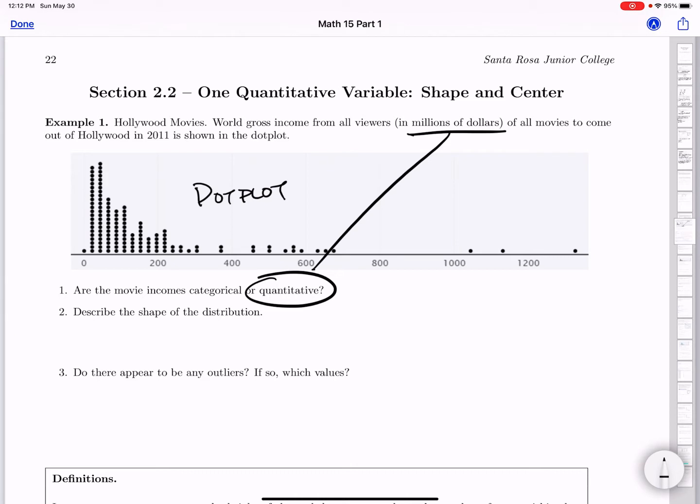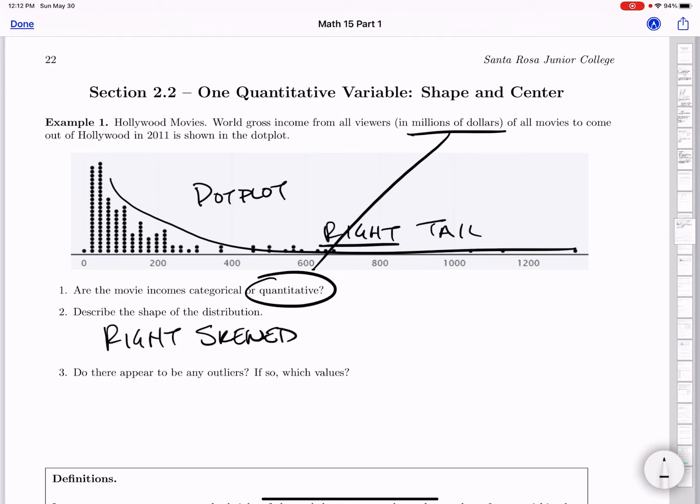When most of the data is shoved over to the left like this, it has what we call a right tail. This distribution is called right skewed. The direction that the tail is going is the direction that we give the skew.